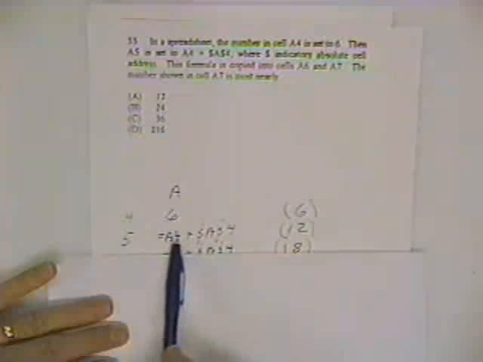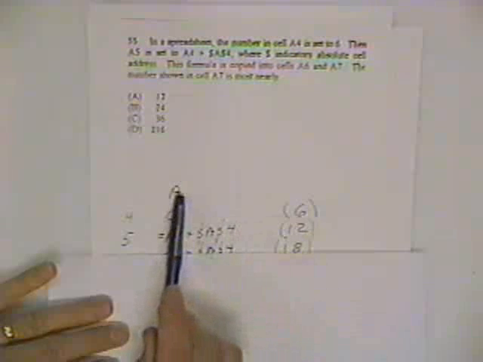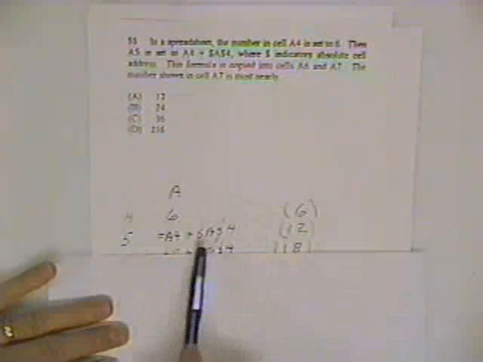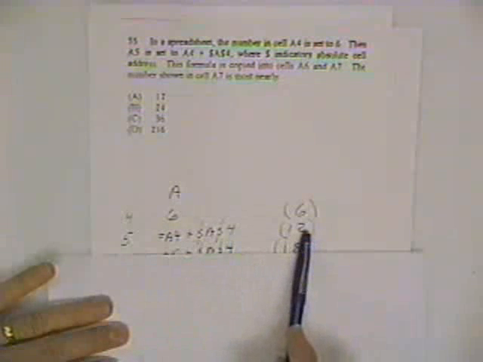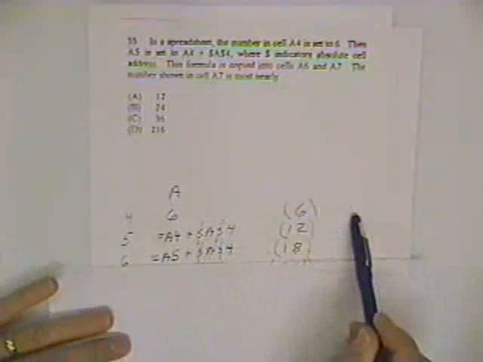So then the computer would say, all right, get the value in cell A4, which is 6, add the value in cell A4, which is 6, you'd calculate a value of 12.